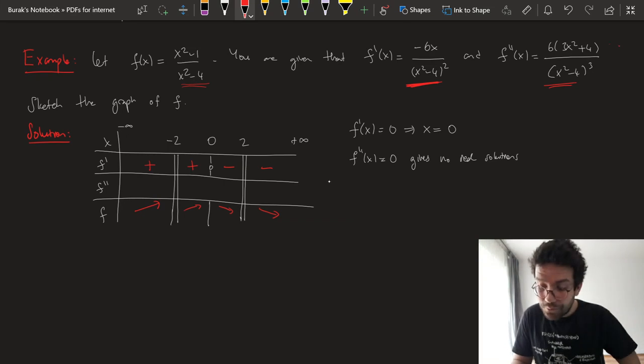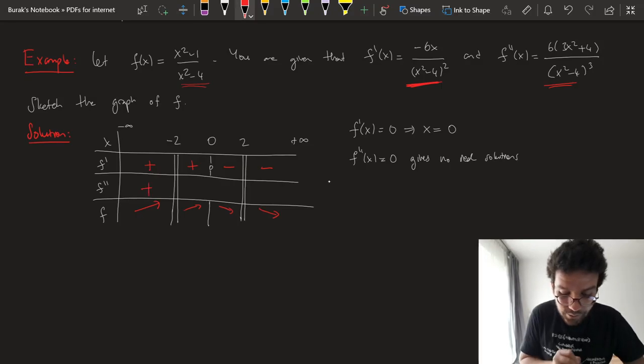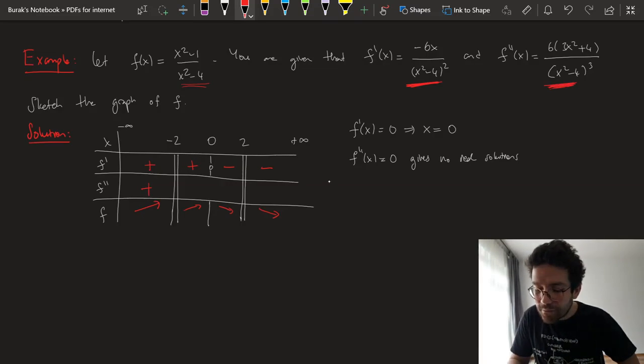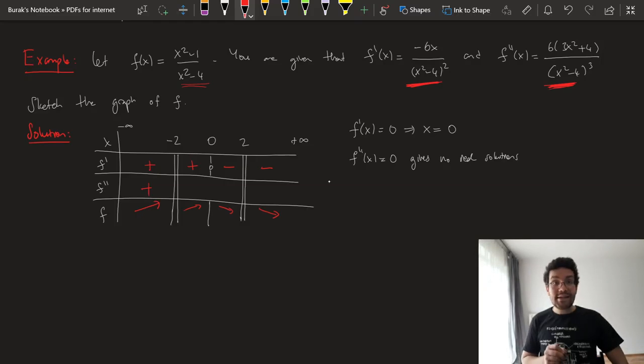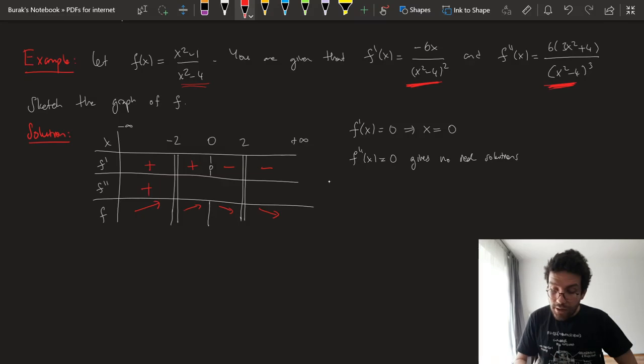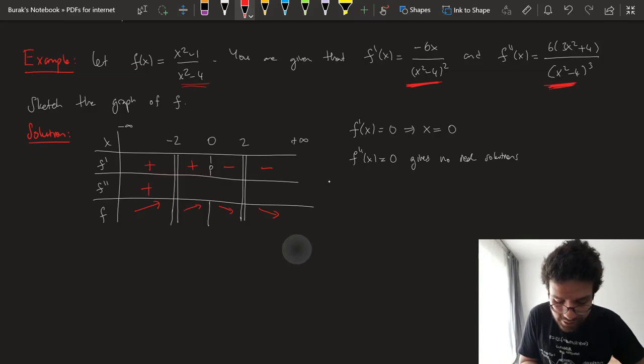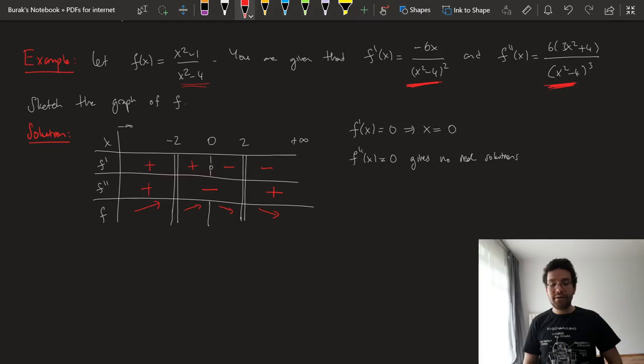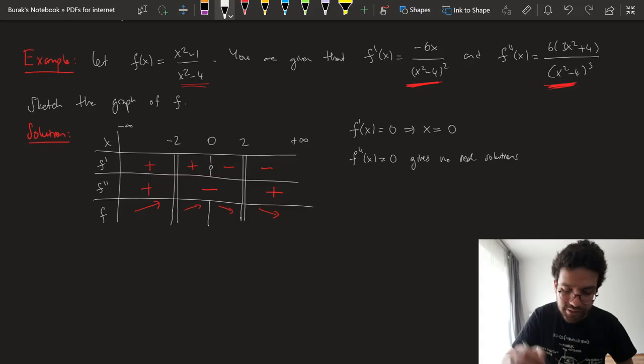So positive divided by positive, it will be positive. Between minus 2 and 2, this denominator is negative because x squared minus 4 is negative and its cube is negative. And the numerator is positive, so it's going to be negative here. And for x bigger than 2 it is going to be positive. Okay, so I have that. Good. So this is my table.